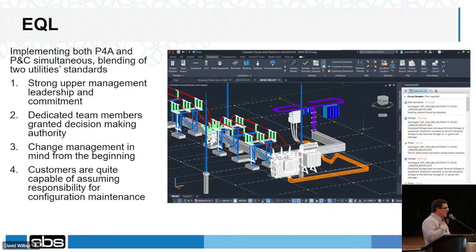And it's been really surprising, in a very pleasant way, to see how capable our customers are, how quickly they can get up the learning curve. Substation people are not distribution people.